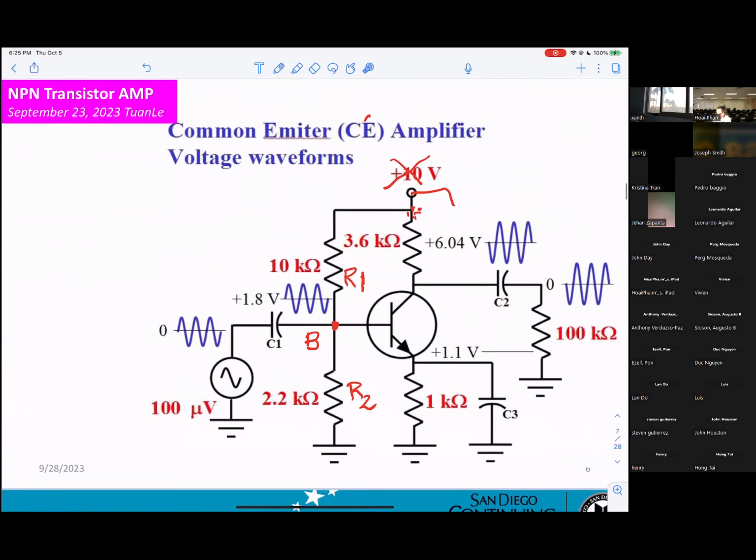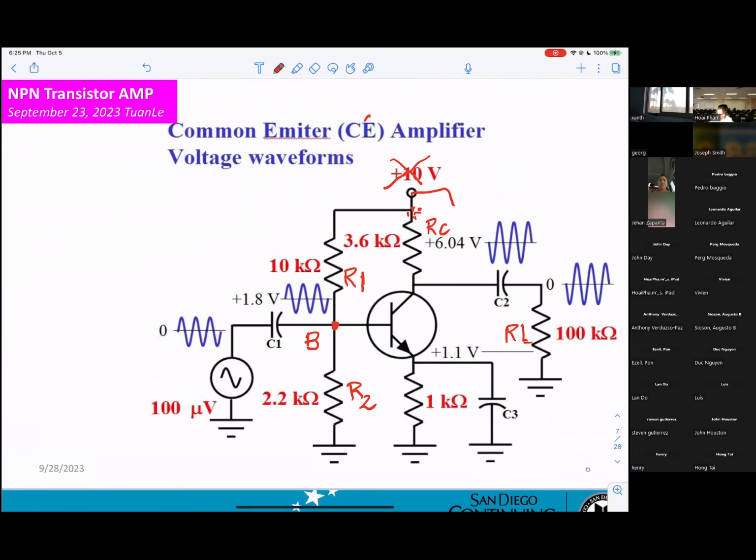However, at the collector here, see how many things you get. First thing, you get RC. That's what we call the load.